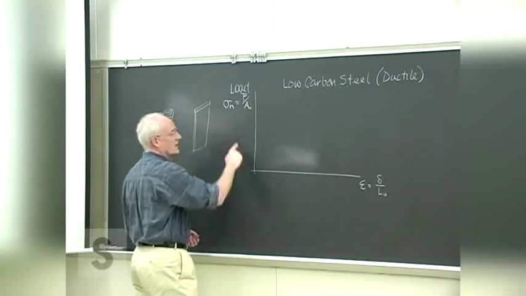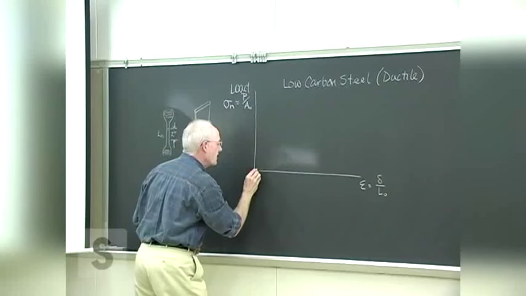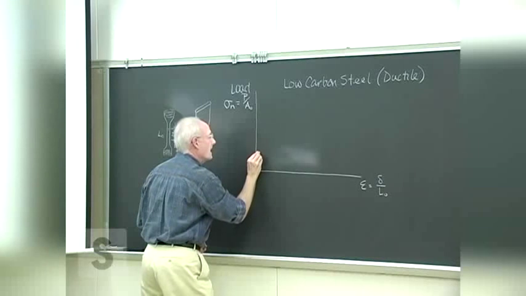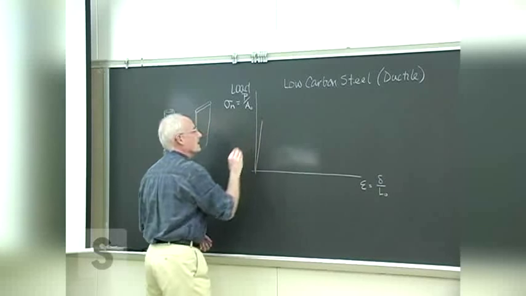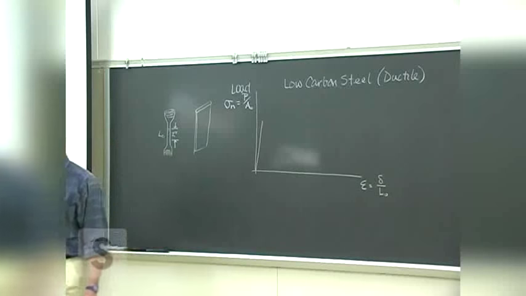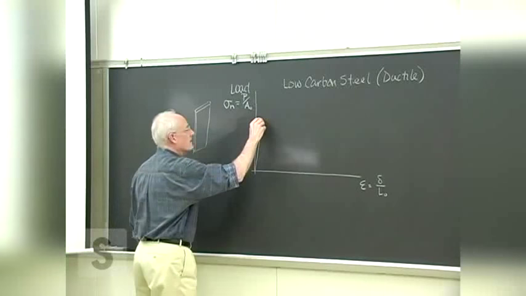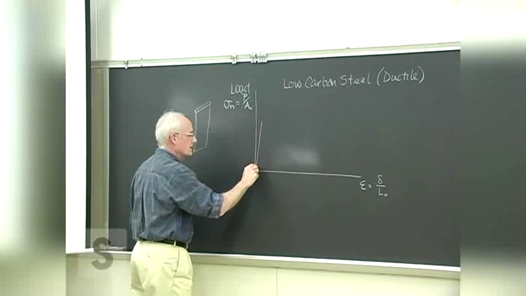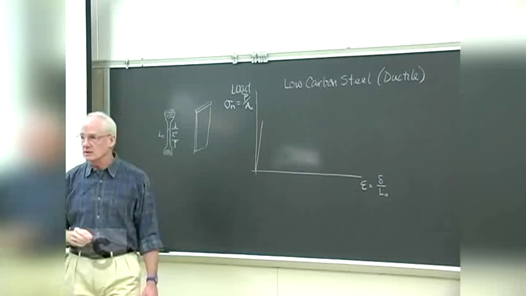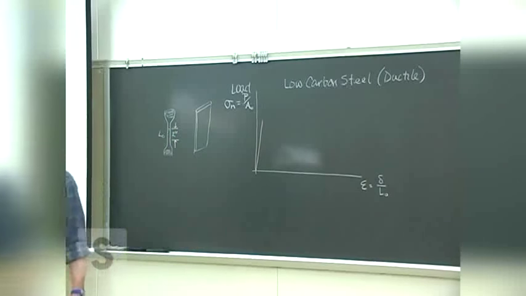As the load increases, a little bit of strain is resident, and it occurs in a very linear fashion for quite some time. Anywhere along here, if the load is removed, the response of the material is to return to its original size, which means returns to zero strain.